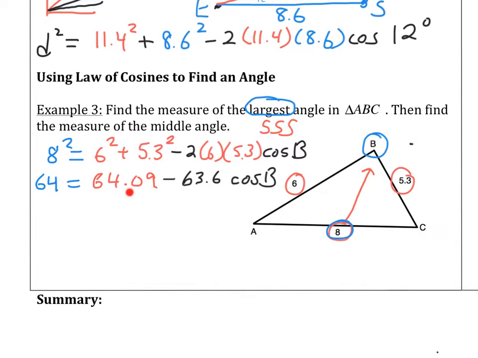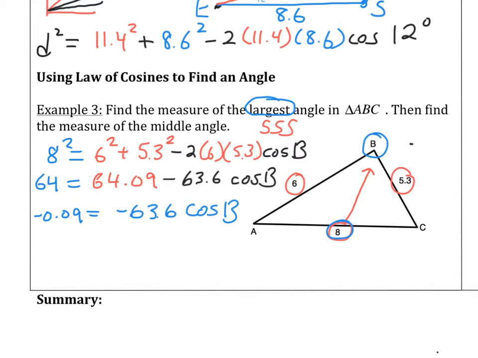Now, as we're solving, I'm going to subtract the 64 from both sides. Then I'm going to divide by the 63.6. Then I have to undo cosine. So I subtract the 64.09 from both sides.